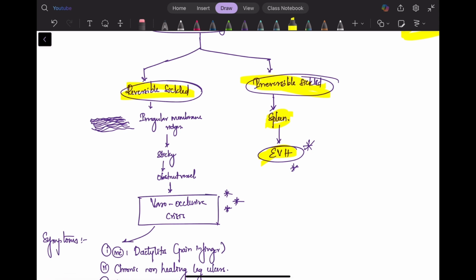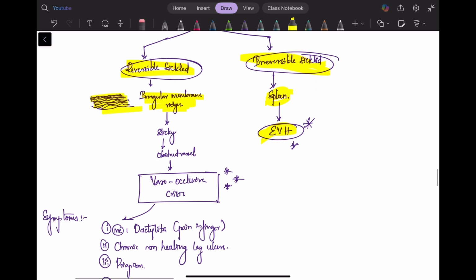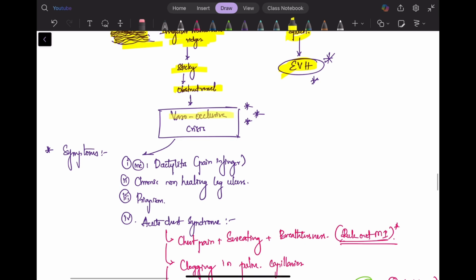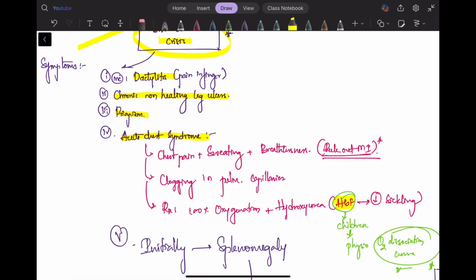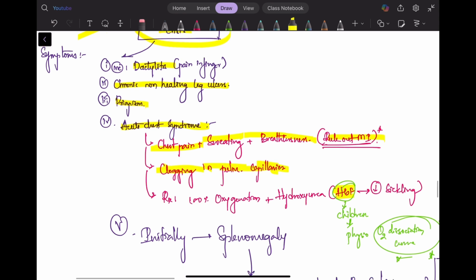Then reversibly sickled cells have irregular membrane ridges, leading to stickiness, obstructed vessels, and vaso-occlusive crisis, which leads to symptoms like dactylitis, chronic non-healing leg ulcers, priapism, then acute chest syndrome, where we learned it mimics MI, with chest pain, sweating, then breathlessness. This is due to clogging in the pulmonary capillaries.